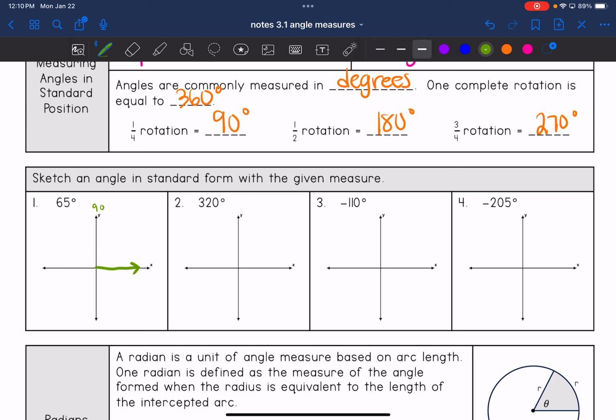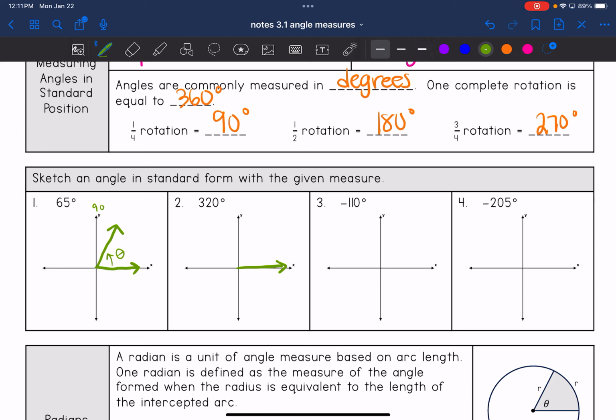If I want 65, it has to be a little bit less, a little bit more than halfway. So I'm going to estimate that it's right here. Remember we're going up, so that angle right there is what I am saying is equivalent to 65 degrees.